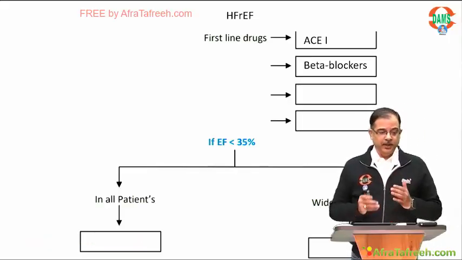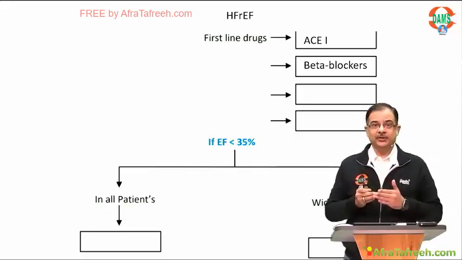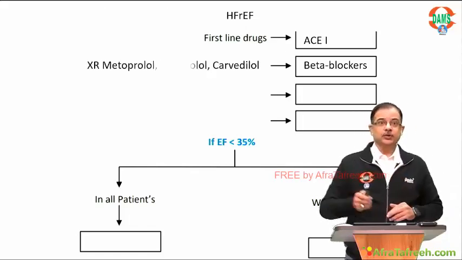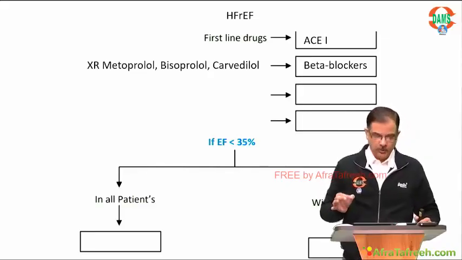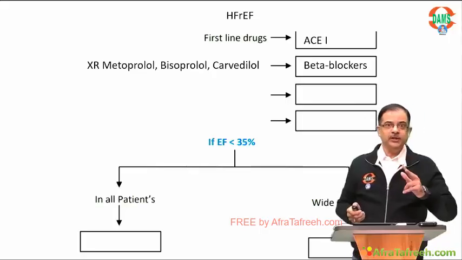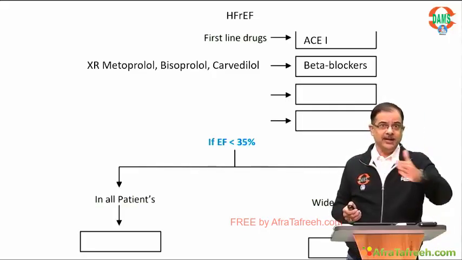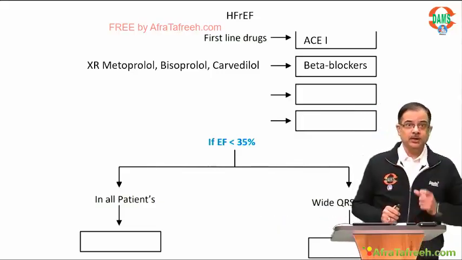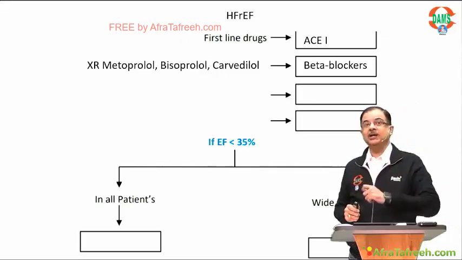Remember, there are only 3 beta blockers used for heart failure with reduced ejection fraction: metoprolol, bisoprolol and carvedilol. The examiner might give you propranolol, but that will not be the correct option. So: metoprolol extended release, bisoprolol and carvedilol.